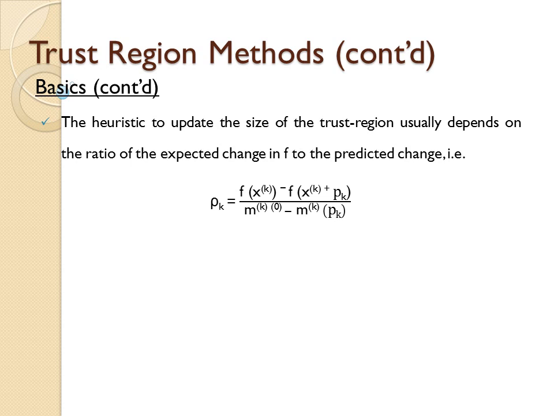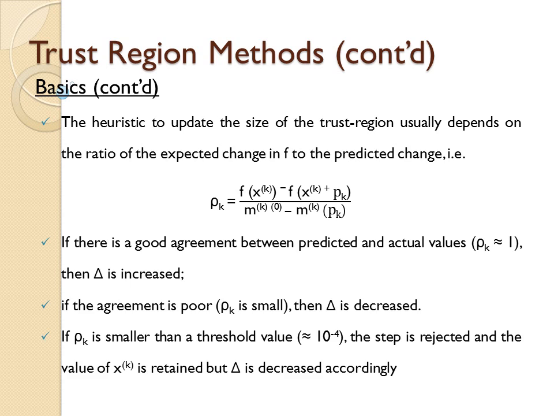The heuristic to update the size of the trust region usually depends on the ratio of the actual change in f to the predicted change, which means rho k is given by the difference between the function value at the current iterate and the function value at the projected iterate, divided by the model value at the current iterate minus the model value at the new iterate.